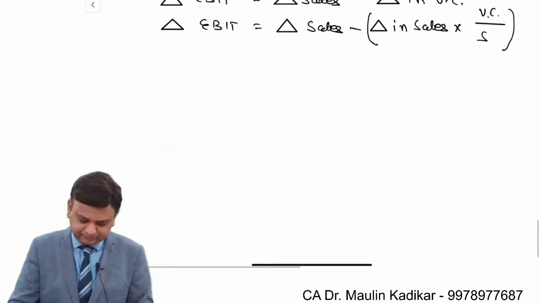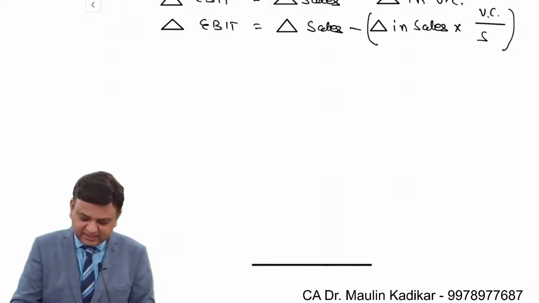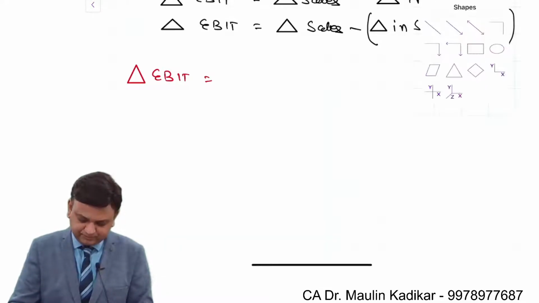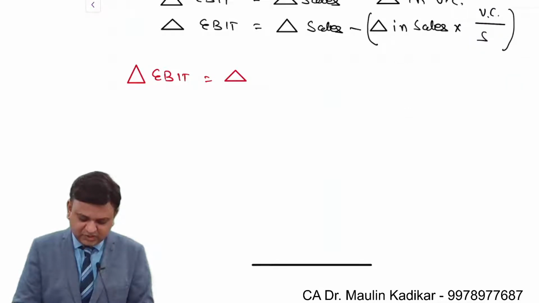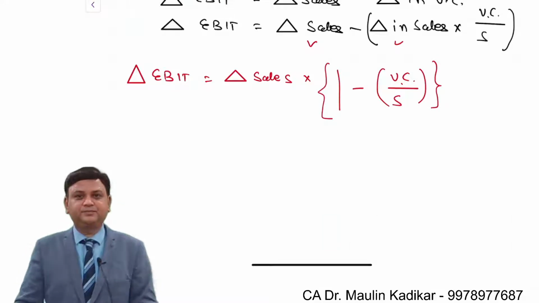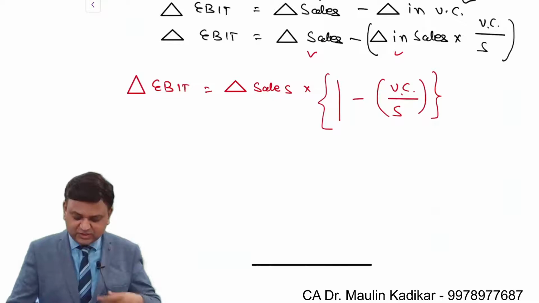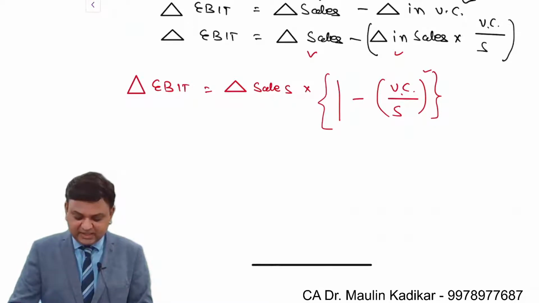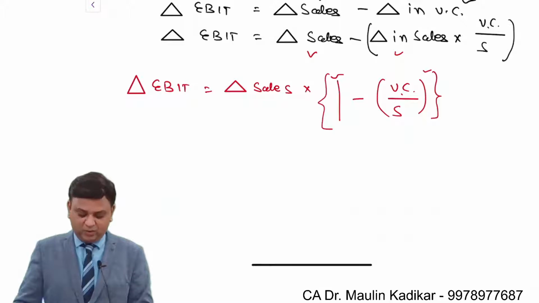Now change in EBIT is equal to change in sales, taken common, into 1 minus variable cost upon sales. So change in sales is taken common, we take variable cost upon sales over here, and the change in sales in the bracket is represented by 1.